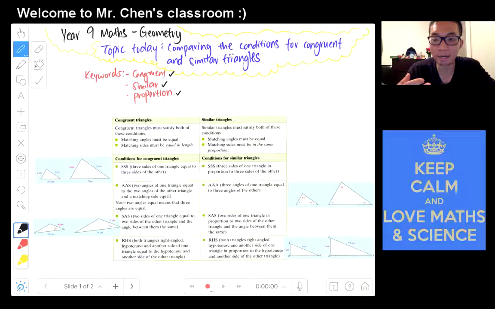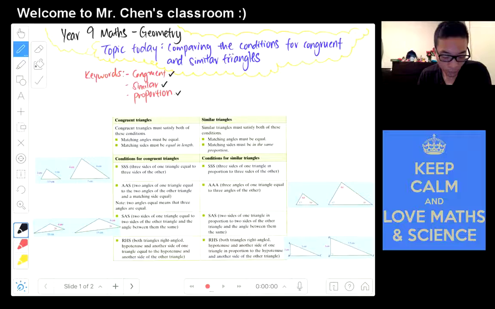It just has to be in the same proportion, which means the same ratio. So if you increase the size by two times, all the sides have to be increased by two times as well. That's what proportion means.